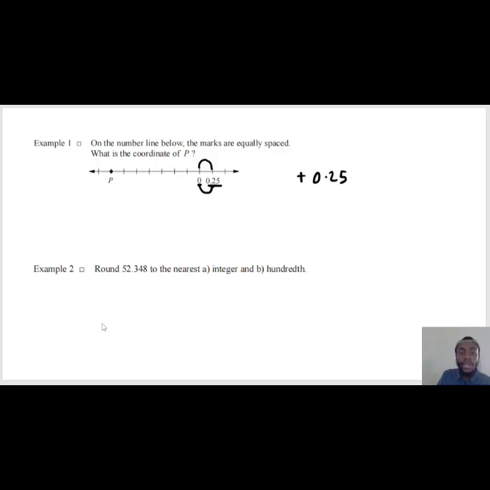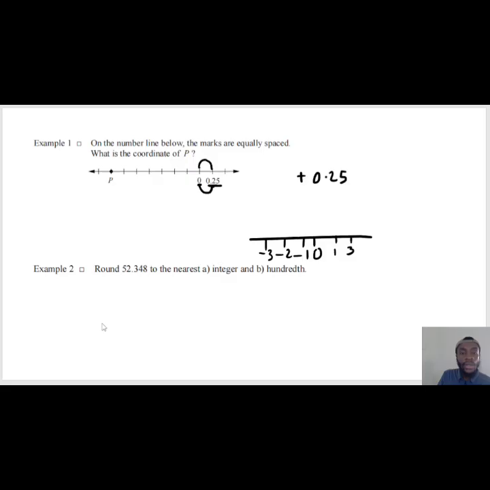Each of those spaces will be 0.25. Now, anything that comes before the 0 is obviously negative.